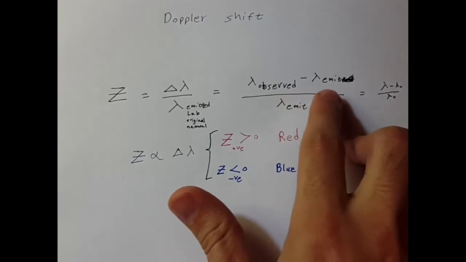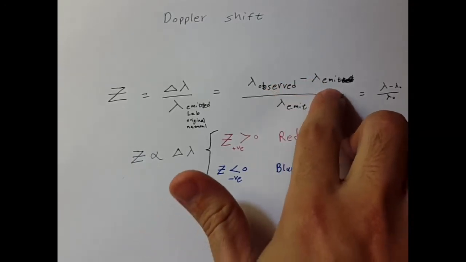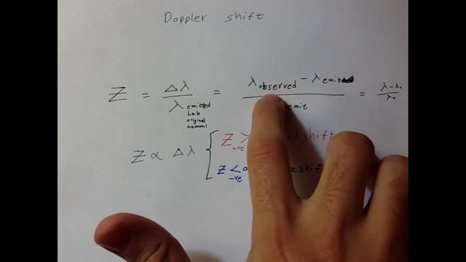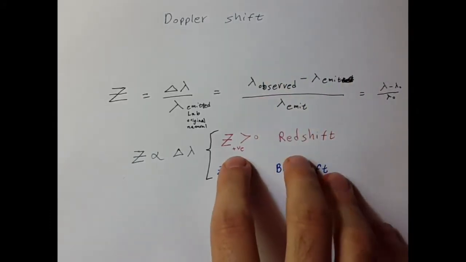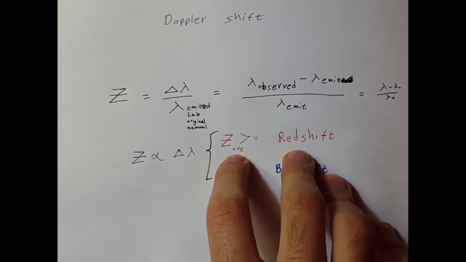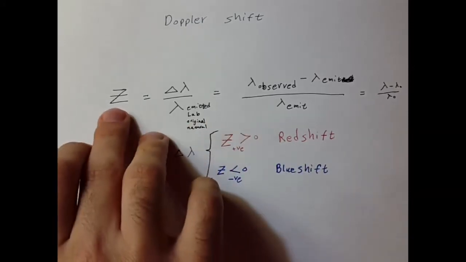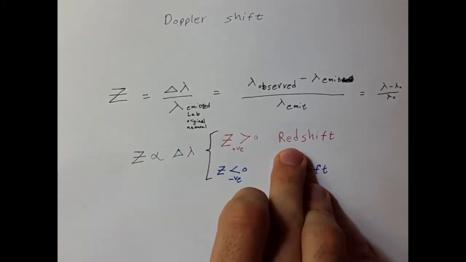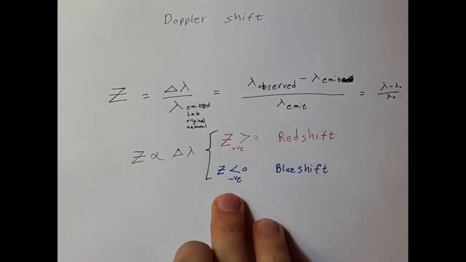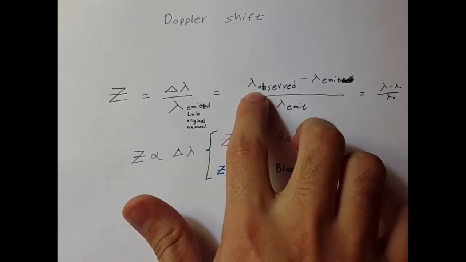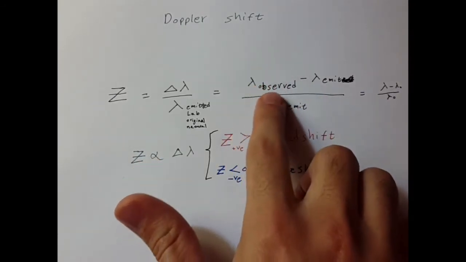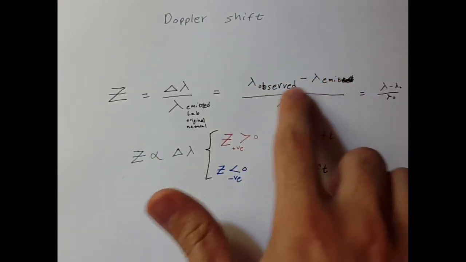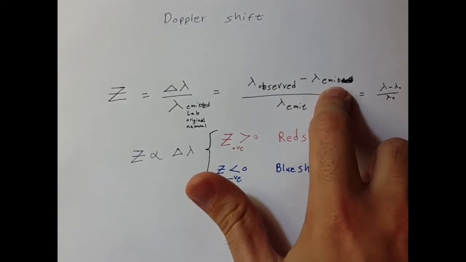If you don't know which one is the observed and which is the emitted, you should know that you get a positive z when you have a redshift, so the numerator's first term has to be the larger one, the observed wavelength, and the other one is going to be the emitted one.